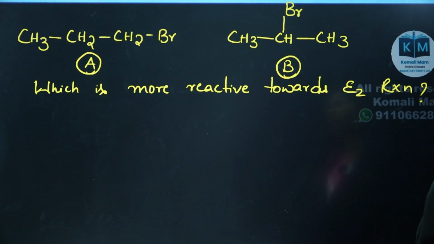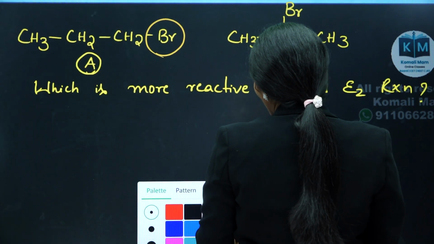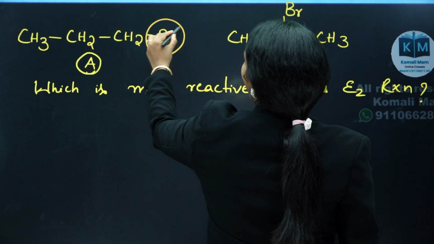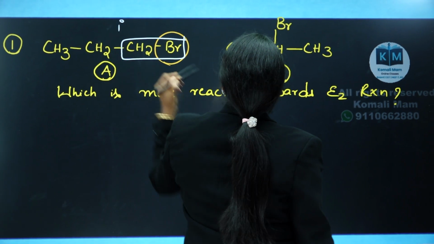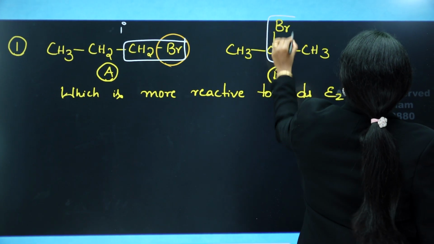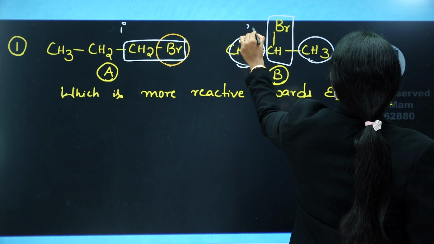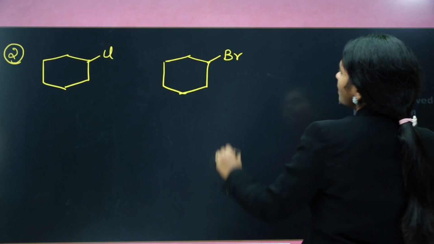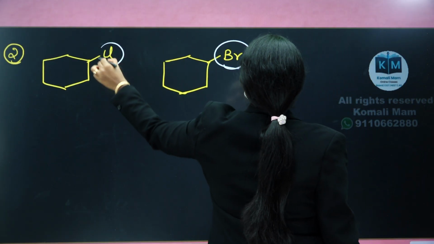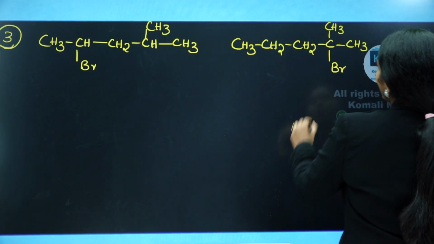See how easily you solve, students. Halogen connected carbon, check it out, tell me. Halogen connected carbon is connected with only one carbon, primary. Halogen connected carbon is connected with two others, so secondary. Which is more reactive? Secondary is more reactive. Bromine is there, chlorine is there. Which is more reactive? Bromine. See the next one.